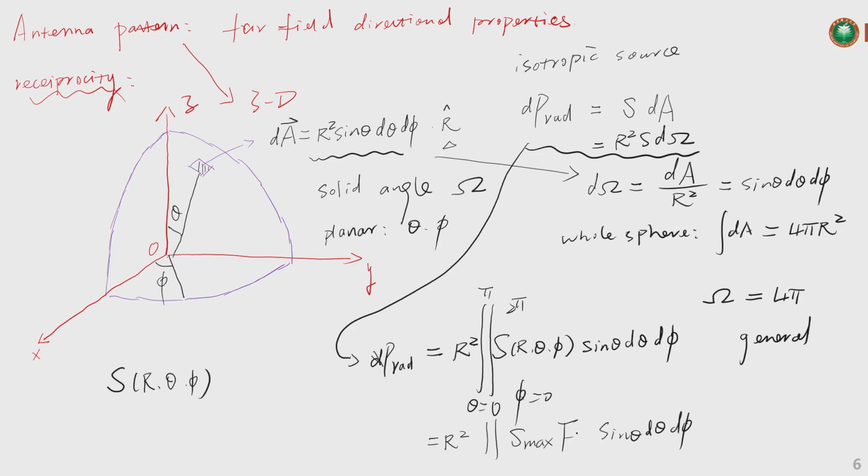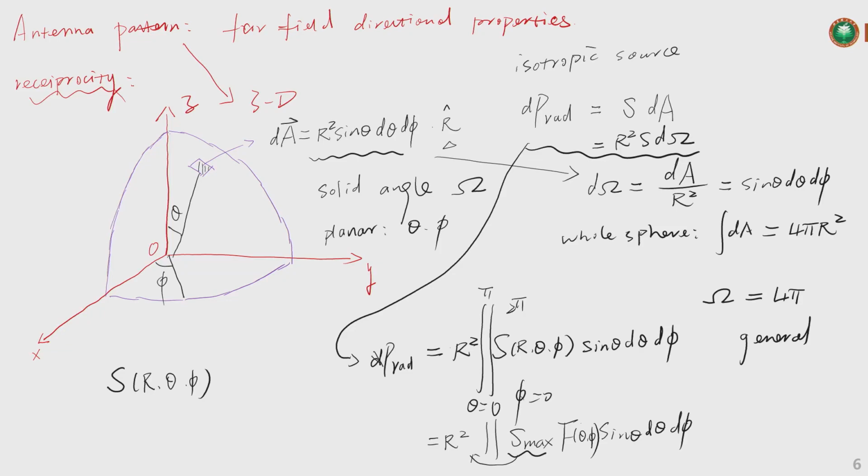And as we mentioned previously, this F factor does not depend on the radial component or the axis, so it only depends on theta and phi. And this S max is constant, so it can be moved out of this integration. So it becomes like this.